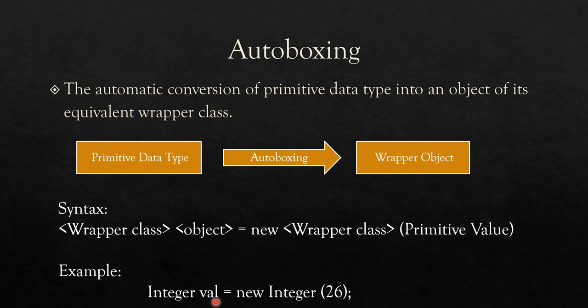Then you can see an equal to operator, also a new operator, and again the same Integer wrapper class, and within parentheses the primitive value. It can be either a value or a normal variable, and then a semicolon. This is the example of autoboxing.